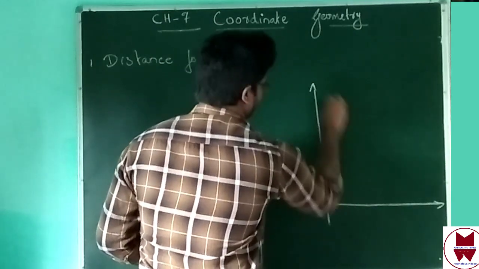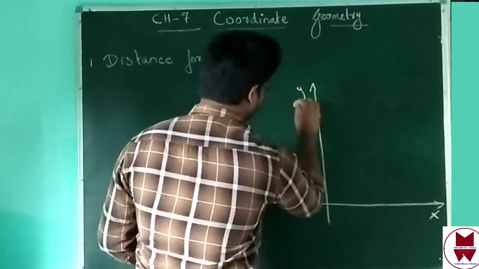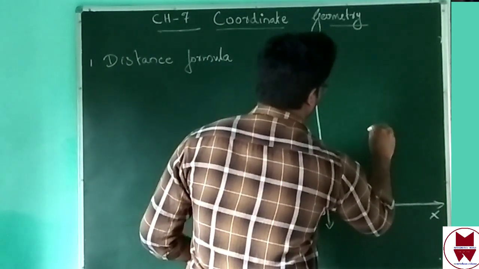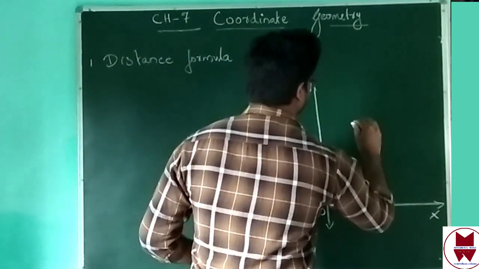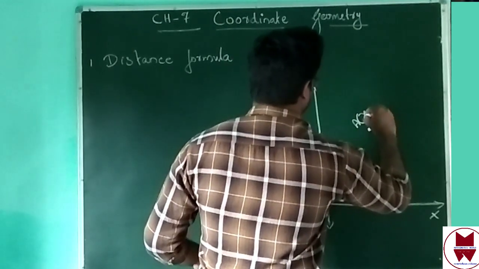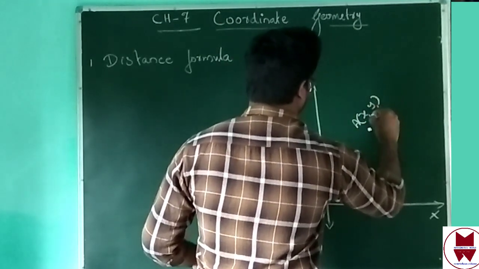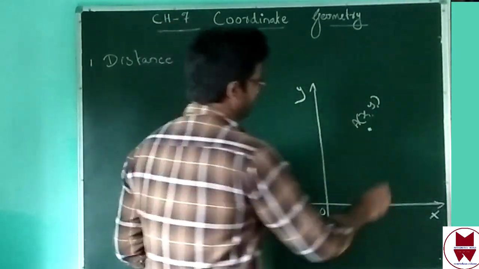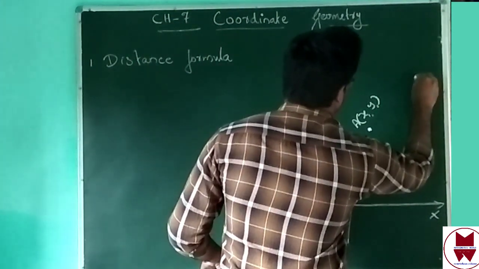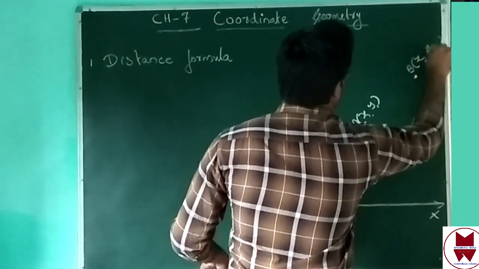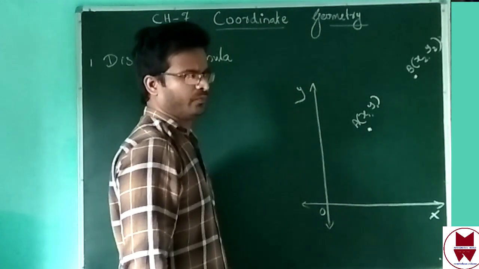This is x, y, 0. 1 point A. Its coordinates are x1, y1, like 1, 2, any two numbers. Then another point here, B, whose coordinates are x2, y2.